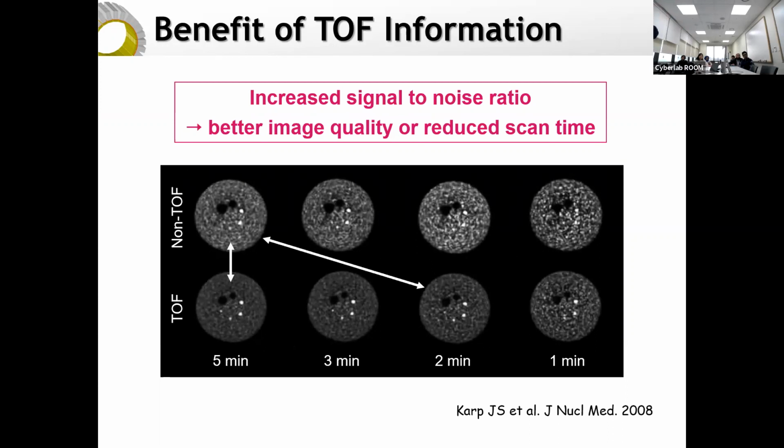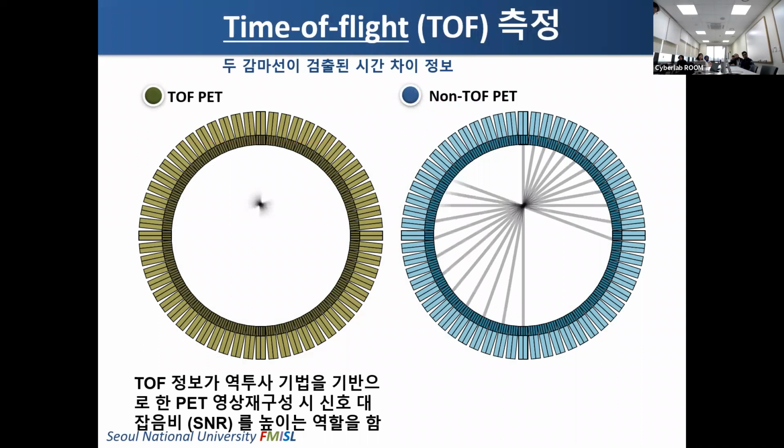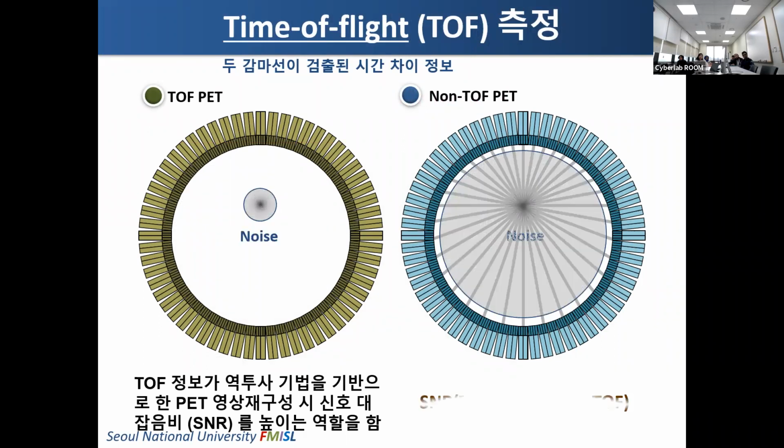This is because using the time of flight information suppresses noise in the background. So the point here is that time resolution is very important, and time of flight information is very useful. Okay. Any questions?